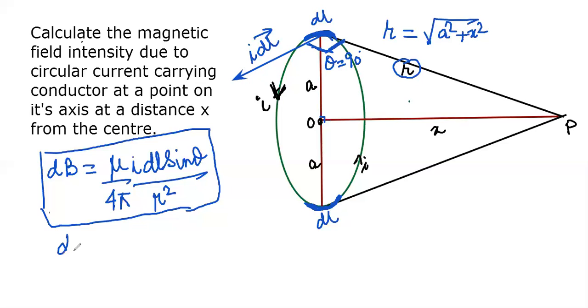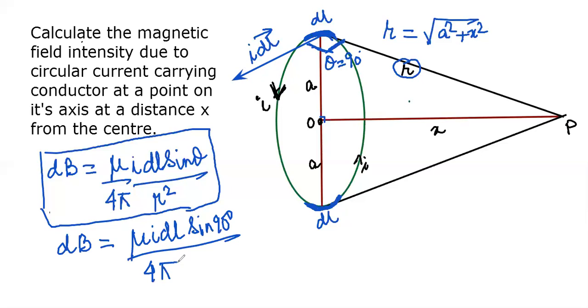So dB is equal to mu I dl sine 90 divided by 4 pi r square. What is sine 90? Sine 90 is equal to 1.